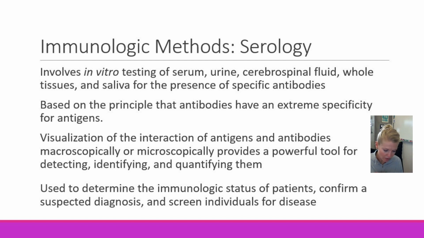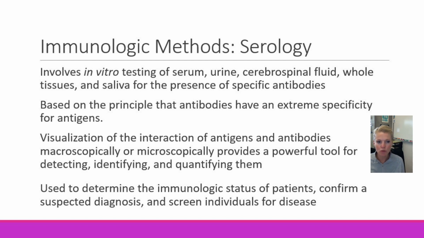We can also do the flip side and have antibody in our test and look for a specific antigen. And then we can tag that antibody with an enzyme, with a protein that fluoresces. We can also attach that antibody to the surface of a well plate or to the surface of some cellulose paper or something like that, where we can create tests that are going to look for any antigen antibody interaction.